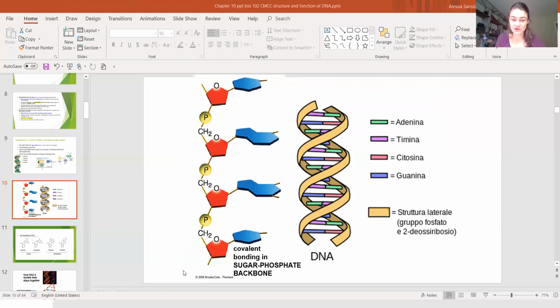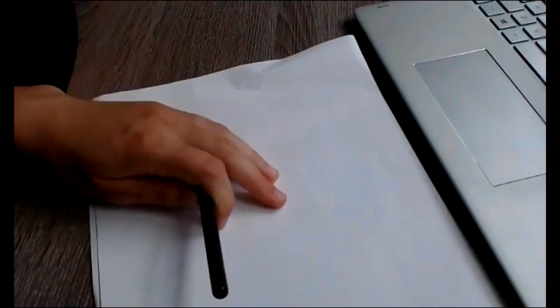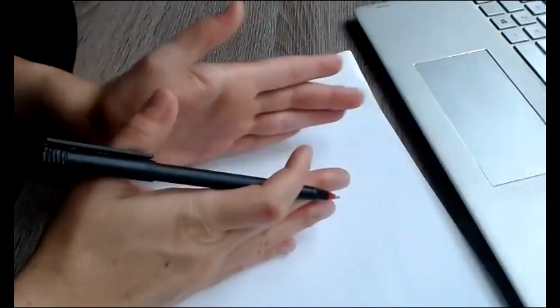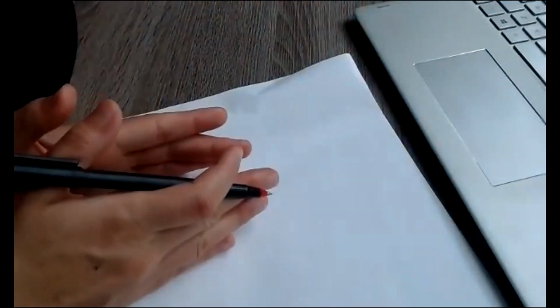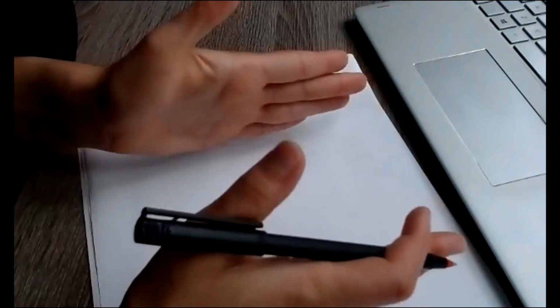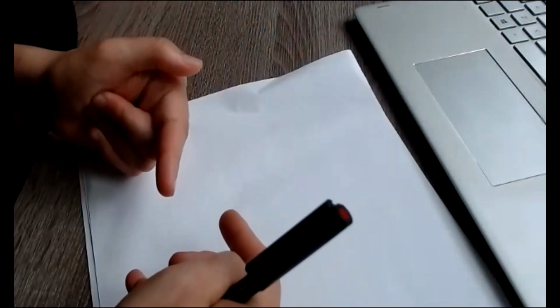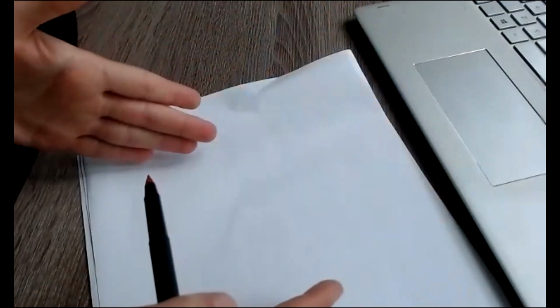Okay, so now I'm going to attempt to draw the DNA for you guys. Basically we have one strand of DNA, and I'm going to draw one strand first, and then another strand of DNA. And remember, these 2 strands are connected to each other. We want to form a ladder.